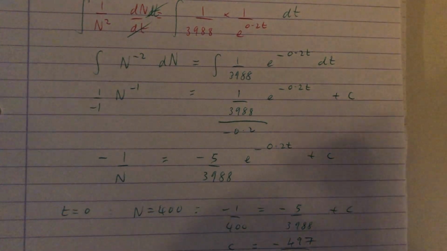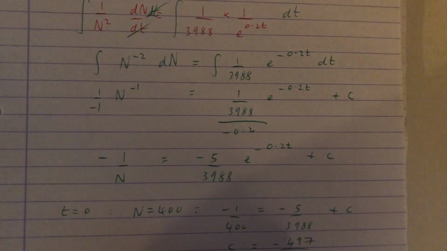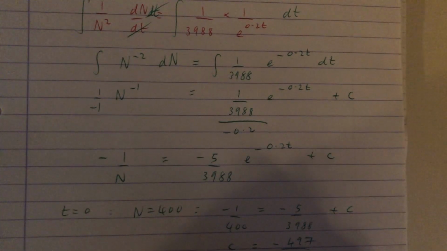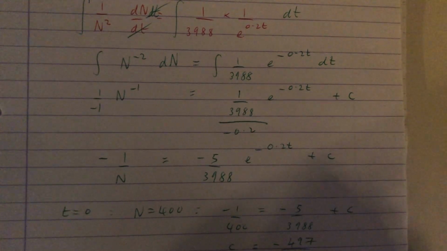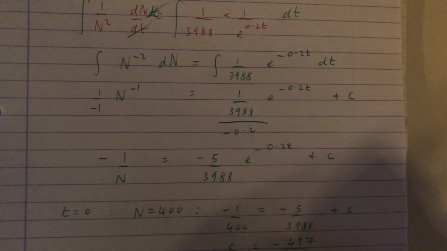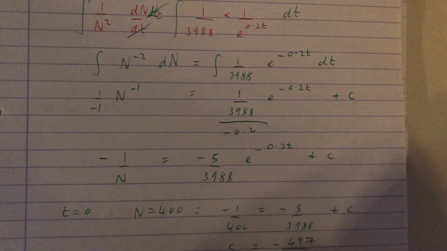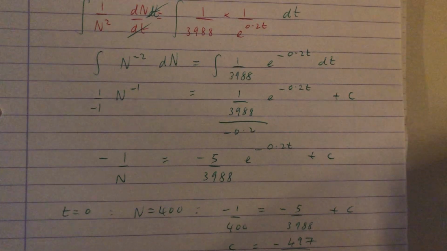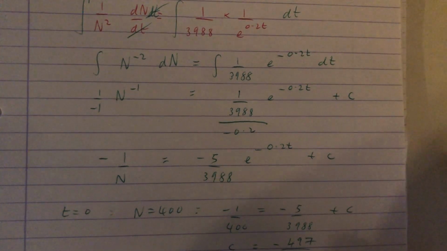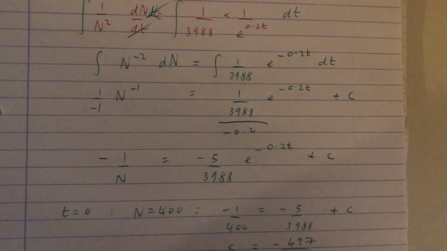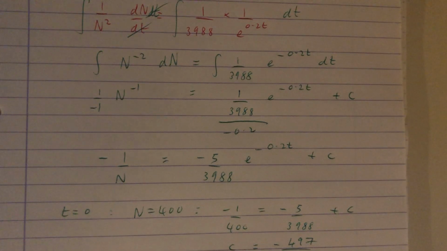And then that would be, in other words, sub that in, minus 1 over n is equal to minus 5 over 3,988 e to the power of minus 0.2t minus 497 over 398,800. Doesn't look like very nice numbers, and I need to make n the subject.